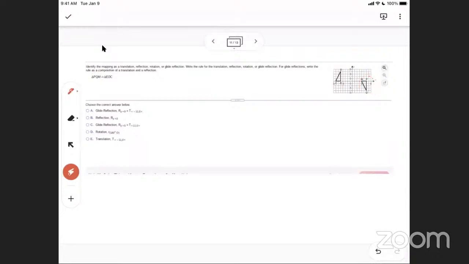So what am I doing to go from this image to this image? Translation, reflection, or rotation? Can you tell what I do to get from here to here? I think rotation, because they're the same triangle, but they're flipped opposite directions, and one's positive and one's negative.